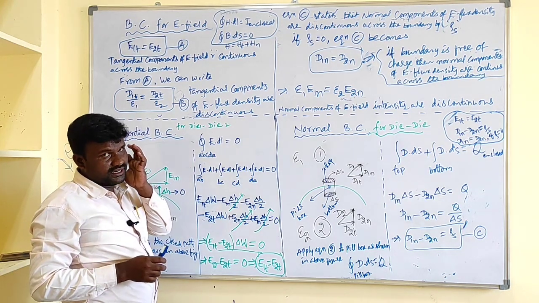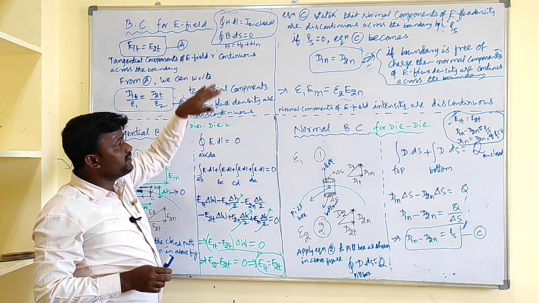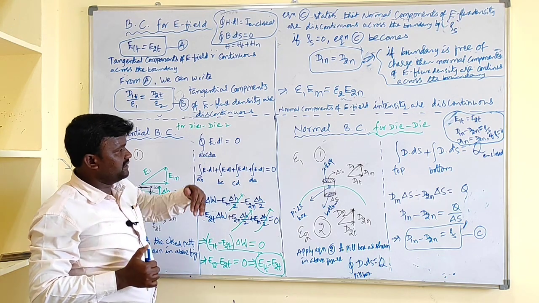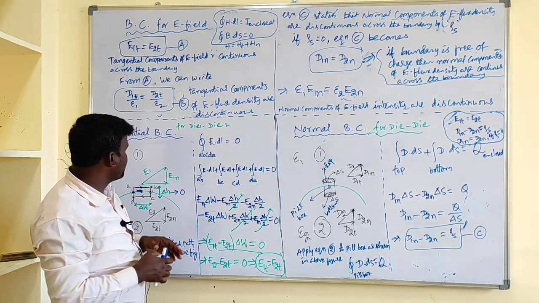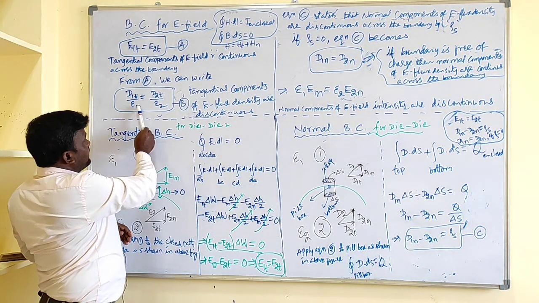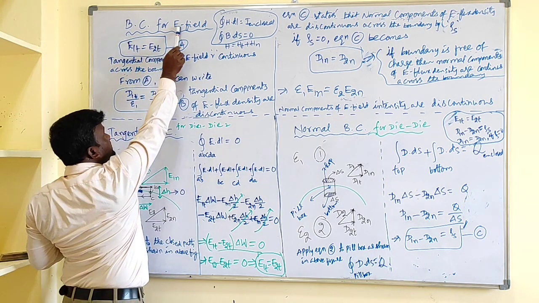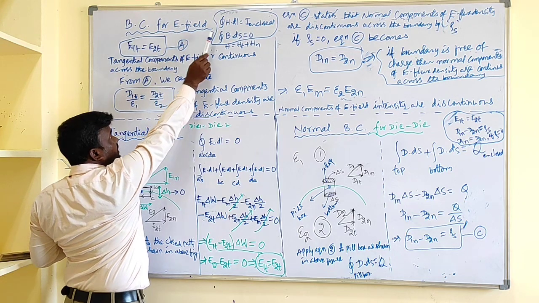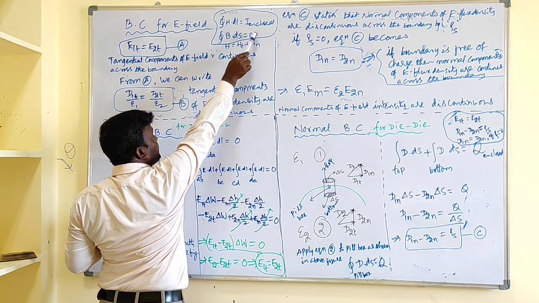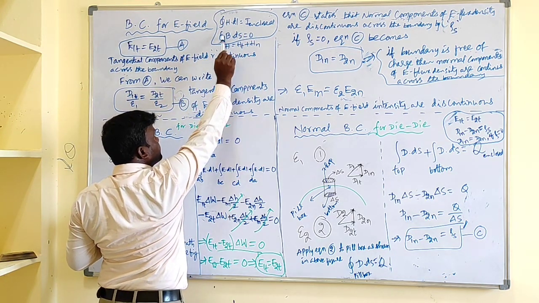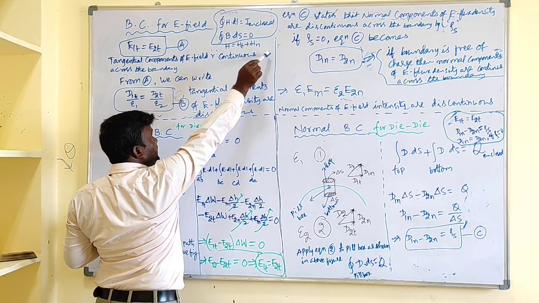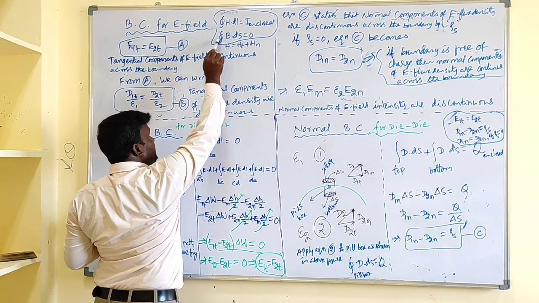the magnetic field boundary conditions. We will derive the magnetic field boundary conditions in the next video. We need to change only a few things: boundary conditions for the electric field become boundary conditions for the magnetic field, and instead of integral E dot dl we take I enclosed, and integral D dot ds should be taken as B dot ds.